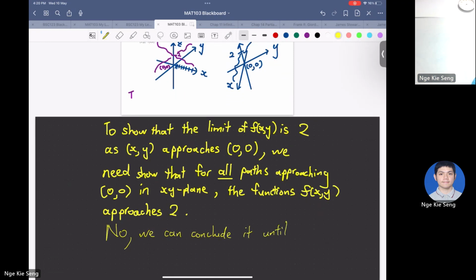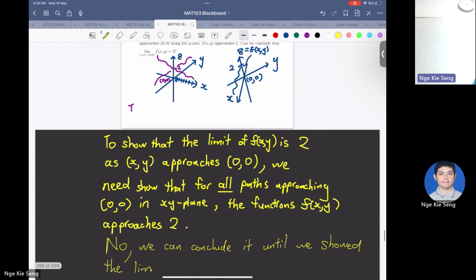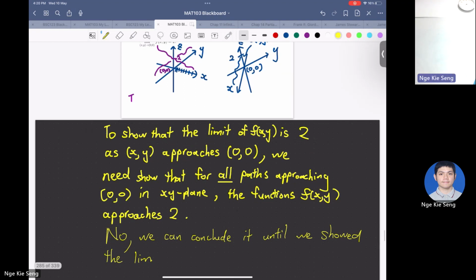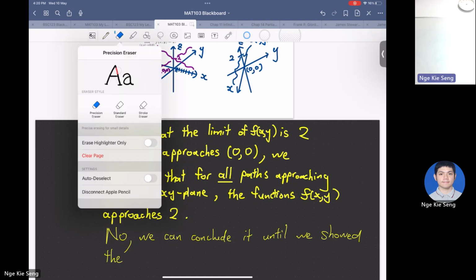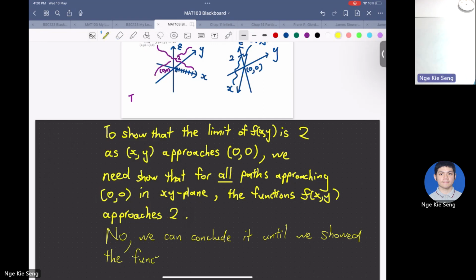until we show the limit, we show that the function approaches 2 from all directions.